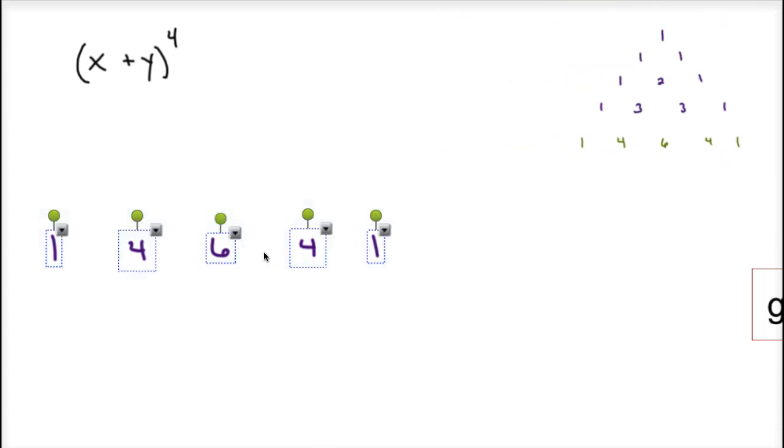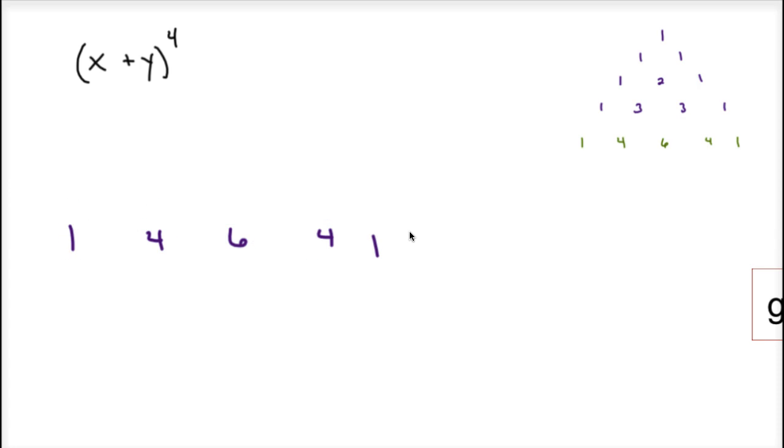Okay, starting with my x's, I have x plus y to the fourth. Let's bring those over. So I'm going to put x to the fourth, x to the third, x squared, x to the first, x to the 0.